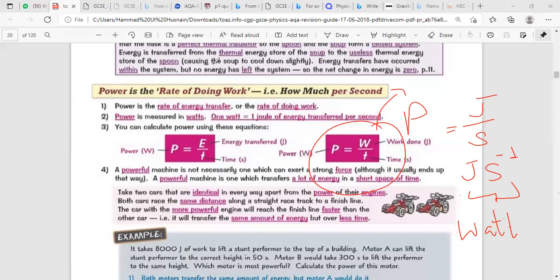Let me draw something for you. Let us say we have a box here. It is very heavy. You want to push that block, let us say it is placed over here on a table. What will you do?